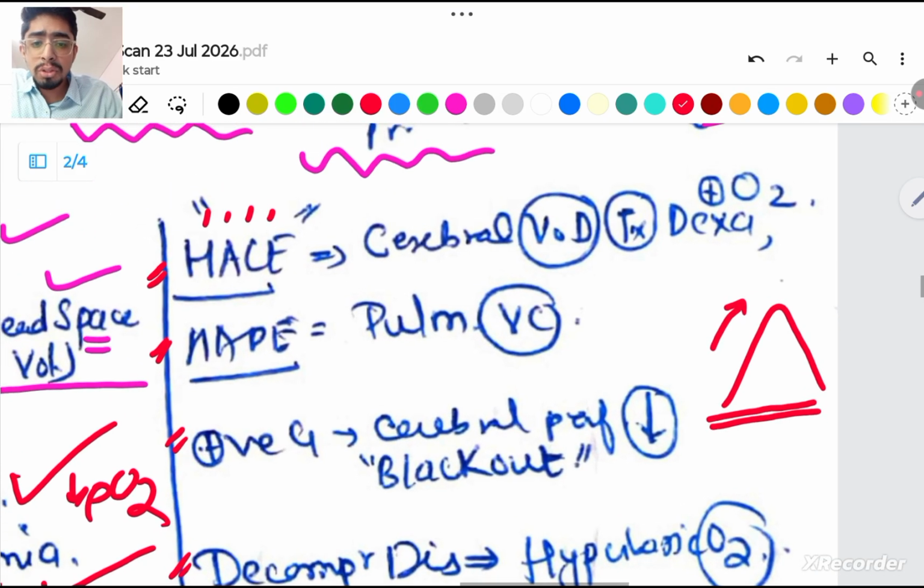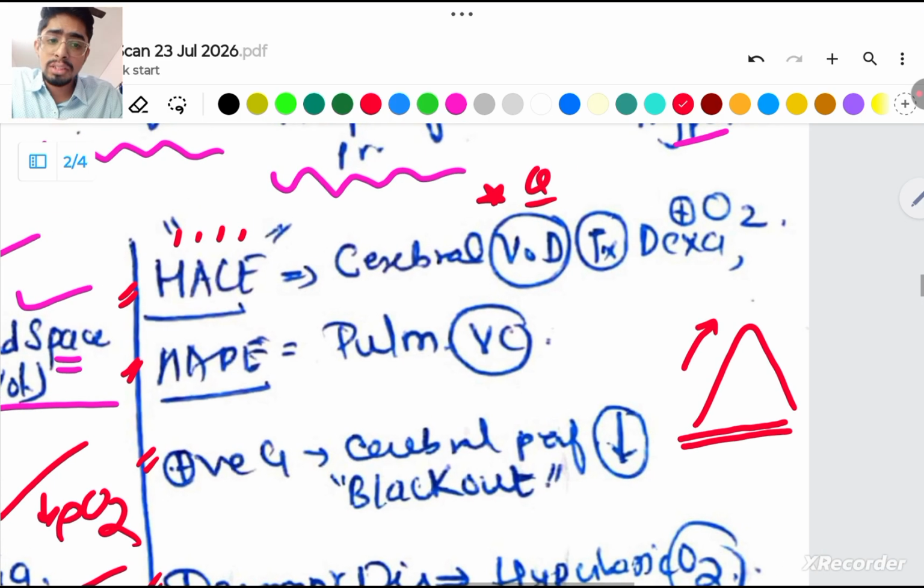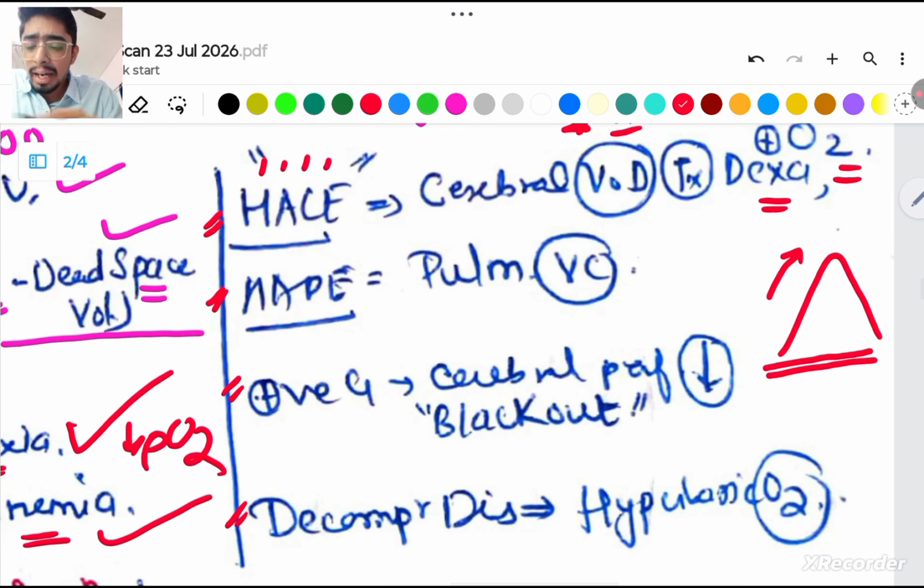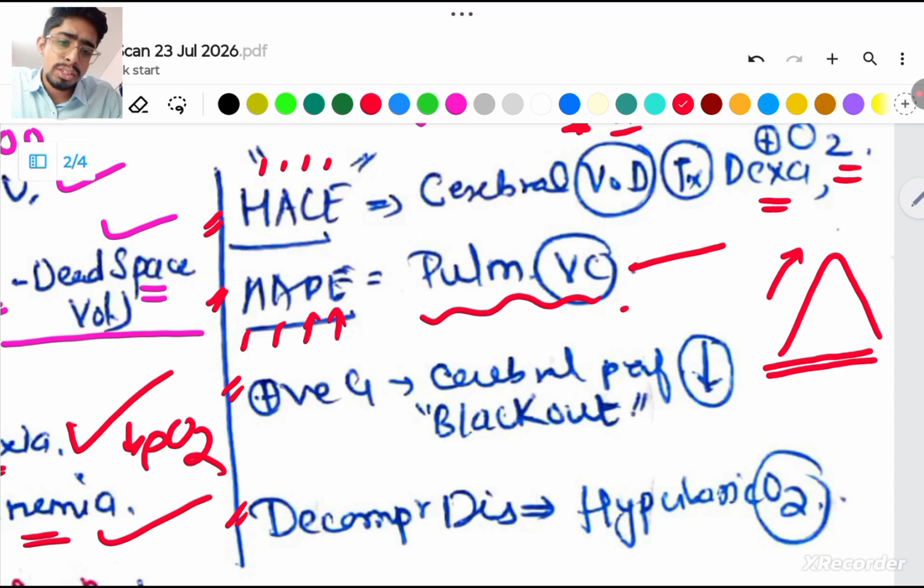This happens because of cerebral vasodilatation, right? A question: cerebral vasodilatation, not vasoconstriction. How do you treat it? By dexamethasone, steroids, and oxygen therapy. High altitude pulmonary edema, HAPE, happens because of pulmonary vasoconstriction. In the lungs, there is constriction of the vessels, and this is why you have HAPE.